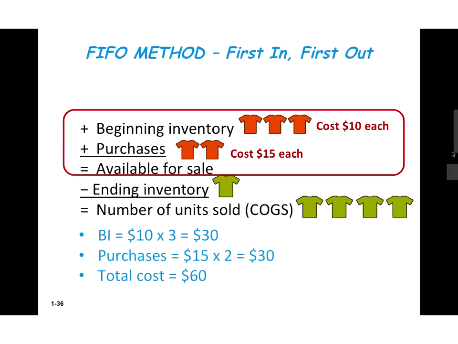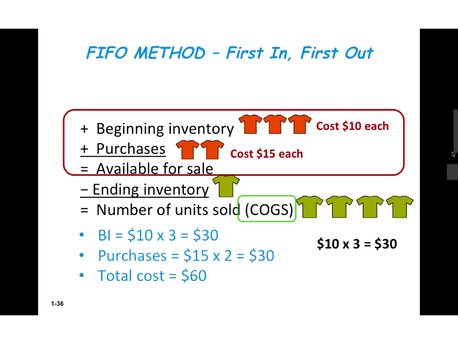So going back to our t-shirt example, the cost of units sold. Under our t-shirt example, we sold 4 units. So under FIFO, we're saying those 4 units were our oldest units. So our first units in are the first ones we sell. That means 3 of the units had to be from beginning inventory because those are our oldest units.